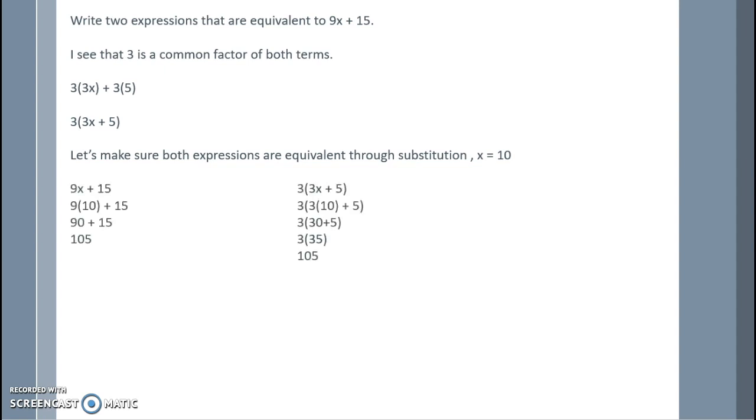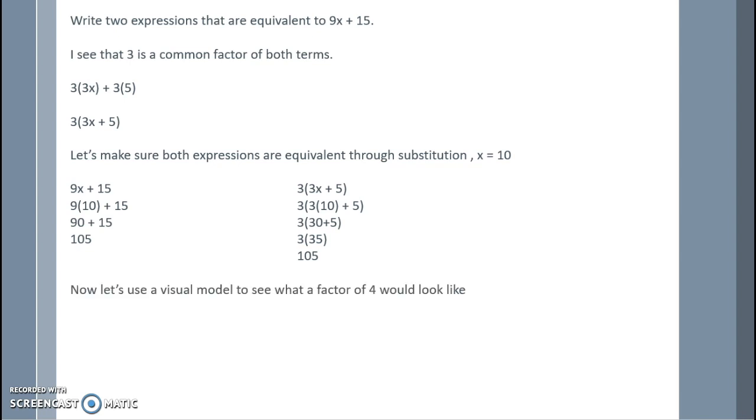In the original one, 9 times 10 plus 15 is 90 plus 15, which is 105. Doing the same with our new expression, 3 times 10 plus 5, so 30 plus 5, 35 times 3 is also 105. So again, just because they match doesn't necessarily mean that they're equivalent.